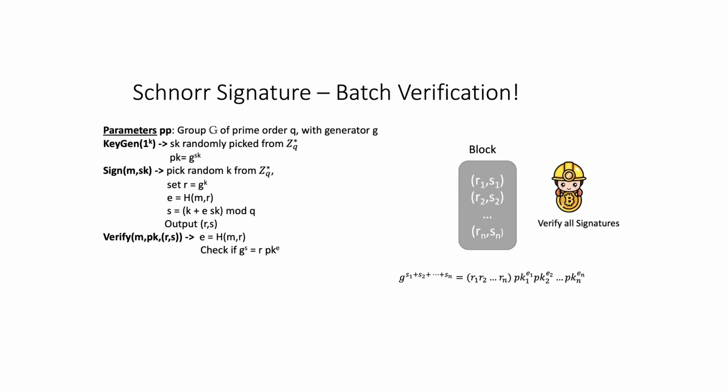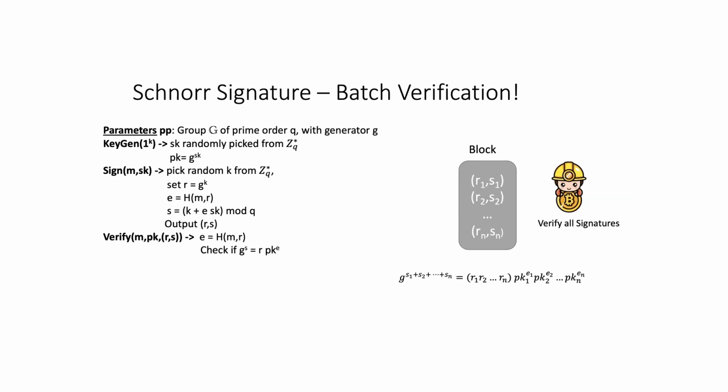Basically, you take all the signatures, and look, this was the expensive verification operation that required 2 exponentiations. So you would have to do 2 exponentiations times n to verify all the signatures individually.